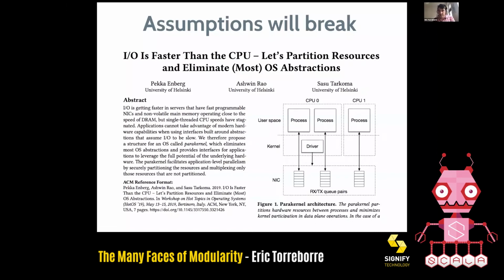But we have other revolutions coming up. So for example, if you read this paper, you will see that one very core assumption that we had about processes was that CPU was always faster than IO. IO is slow, CPU is fast, do things locally and stuff like this. But it turns out that now in data centers, IO is really, really fast, and you can saturate your CPU much more than you can saturate your IO.